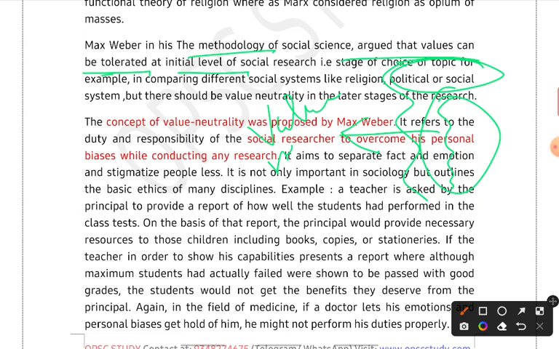There should not be any value attached to it. He should be totally detached from it. Then his conclusion can also be value loaded, but his research, the means, should be value neutral.